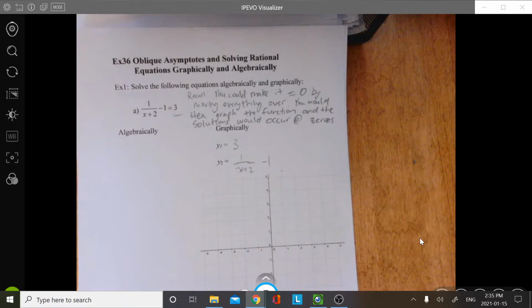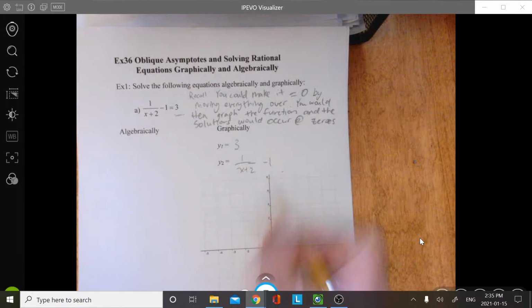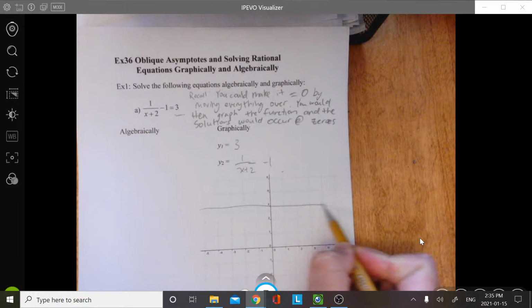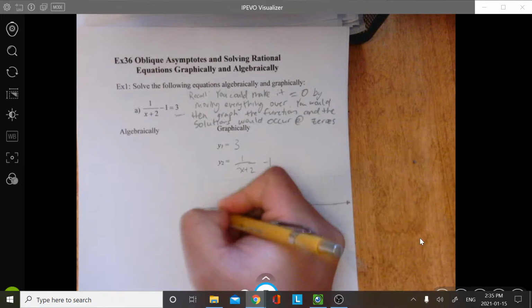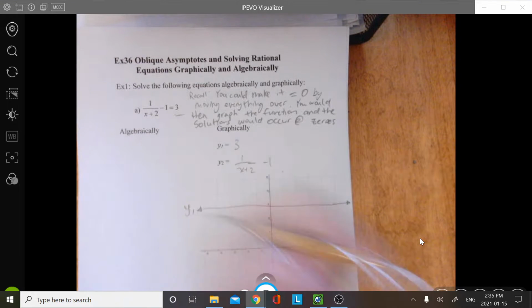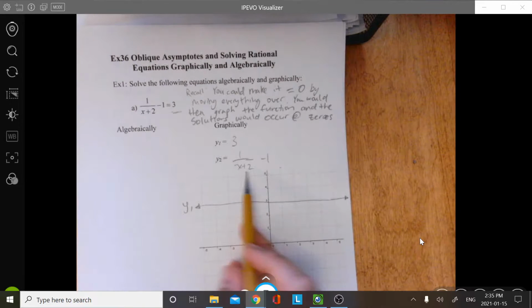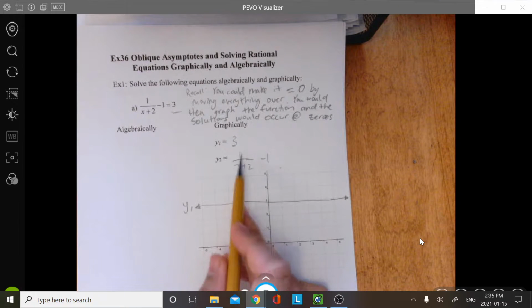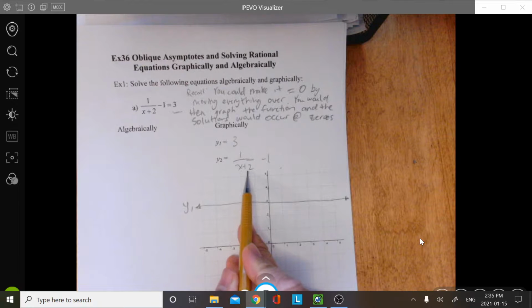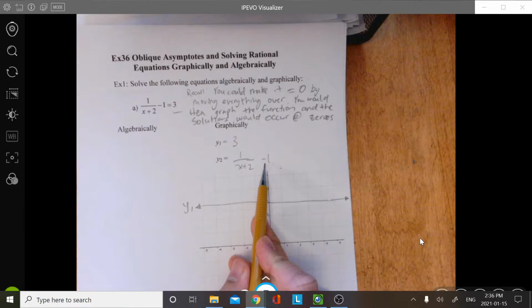Okay, and this becomes a question from the last couple of equations, right? So this one's easy. y equals 3 is going to be our y1. And then we get our 1 over x function, right? And then we have an h and a k, right? So we're moving it 2 to the left and 1 down.